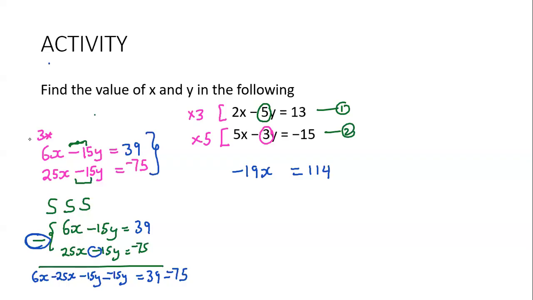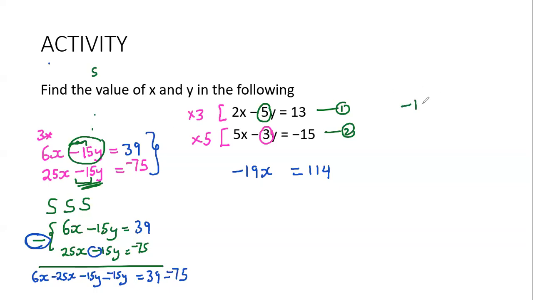Now, when you look at this and this, are you noticing that they are the same? After multiplication, if you find that they are the same, then that's when you subtract, because your aim is to make y disappear completely.